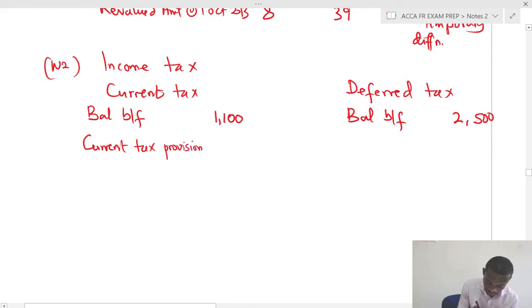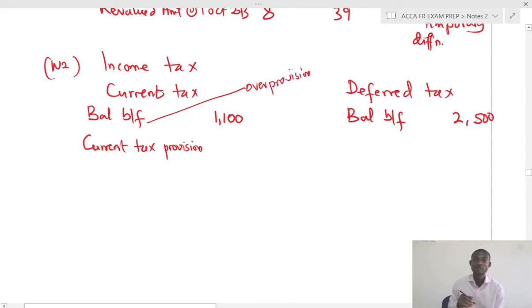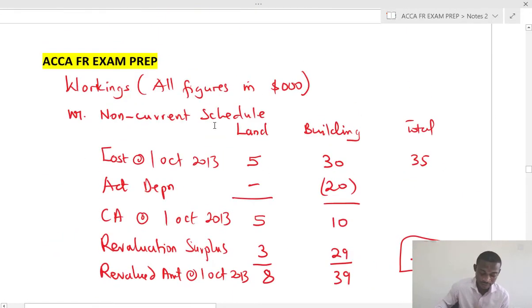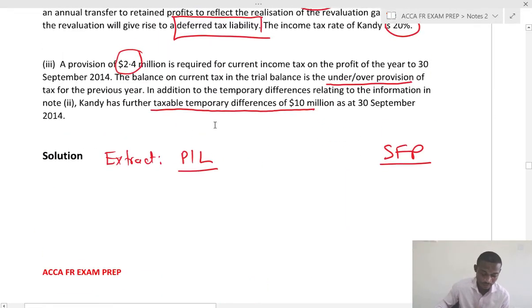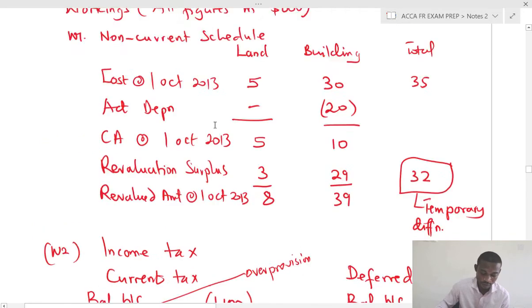So I'll say 2,400. The remaining adjustment which would affect the current tax should come from the deferred tax movement. I take that again. The remaining adjustment which would affect the current tax expense should come from the deferred tax movement. So I go on to my deferred tax movement, and this is what I'll do.